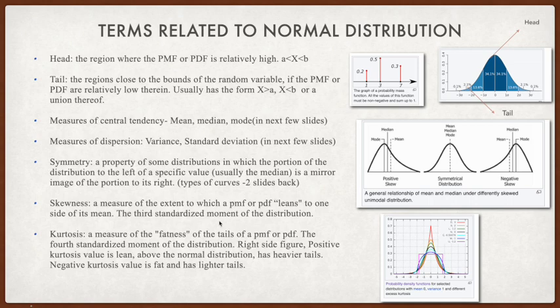Kurtosis is the measure of fatness of the tails of a probability mass function or probability density function. As we can see in this figure, here in the below figure the kurtosis is fat, whereas in the figure at the top it is very lean.